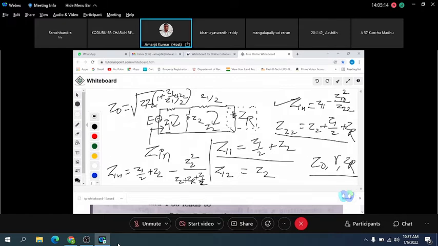Because Z0 is the characteristic impedance of the symmetrical T section, gamma is the propagation constant of the network, and ZR is the load impedance. We want to calculate the input impedance in terms of Z0, gamma and ZR. This ZR could be anything. So in general, if the load impedance is not equal to Z0, what will be the input impedance?